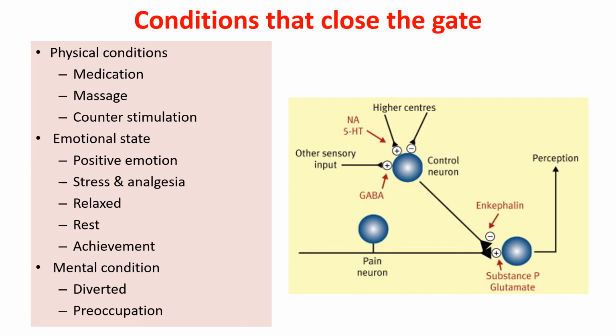In case of emotional state, the positive emotions block the pain. Positive emotions descend from the reticular system and from the descending projections coming from the hypothalamus or the limbic systems.